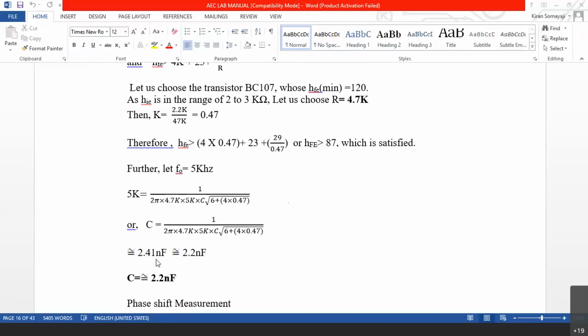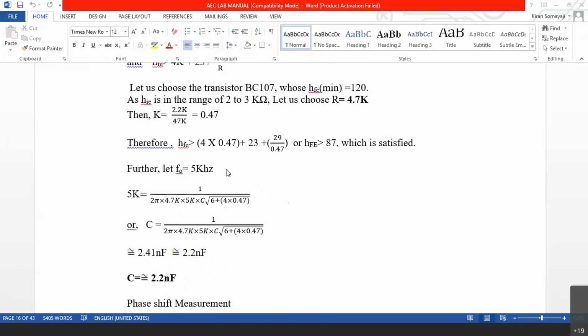The nearest capacitance is 2.2 nanofarad, so we choose the standard value of 2.2 nanofarad. When you choose the standard value, we will not get exactly 5 kilohertz because we are changing the capacitance. But it doesn't matter because we are conducting the experiment for the sake of understanding the oscillator circuit.